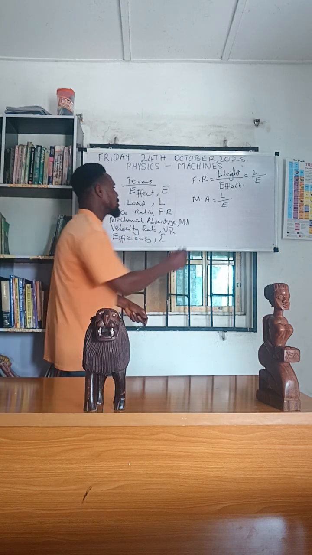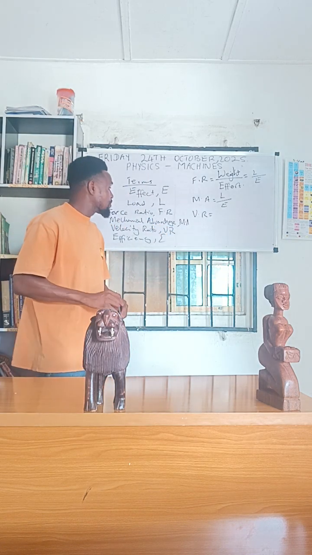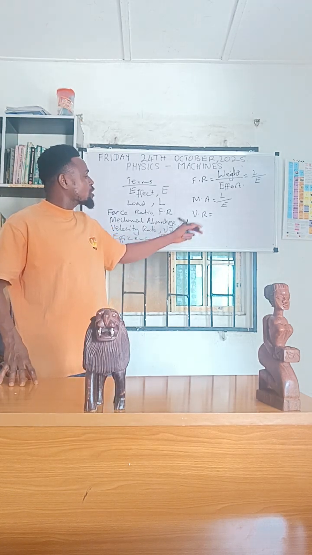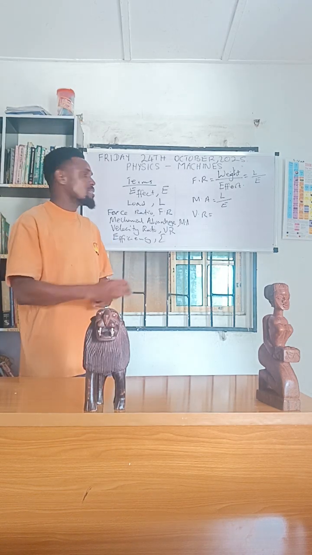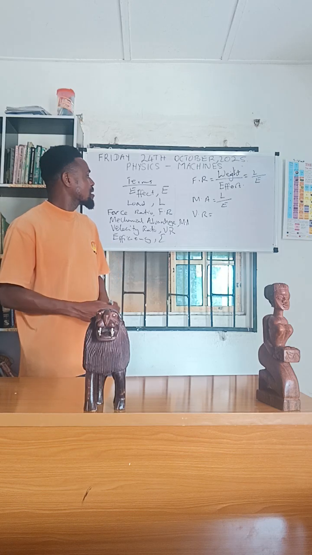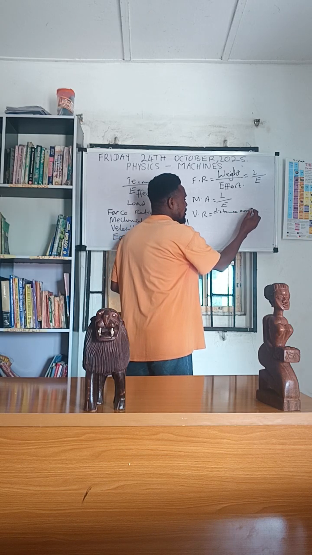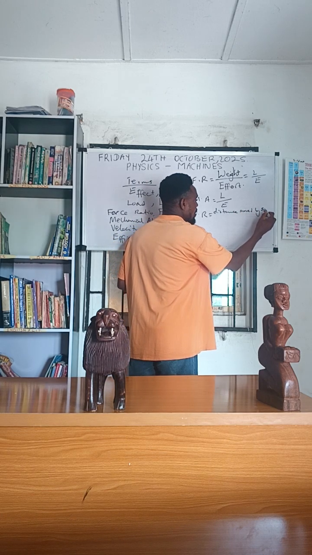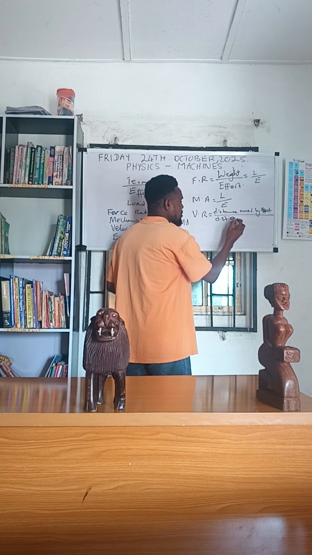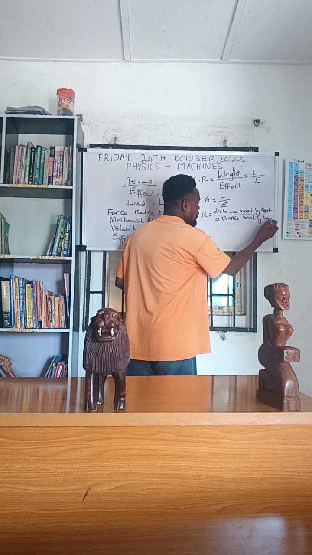What is the next step? Velocity ratio. What is the velocity ratio of a machine? The velocity ratio of a machine is referred to as the ratio of the distance moved by the effort all over the distance moved by the load.